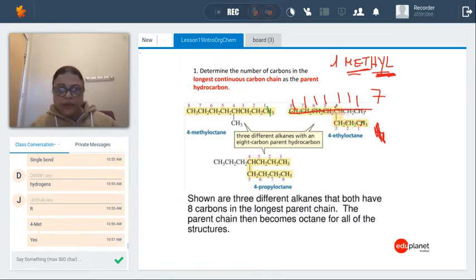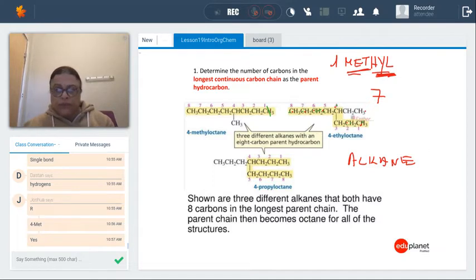If you count the longest continuous chain, that is the parent molecule. Okay, so clearly this one that I'm now pointing at is also an alkane, because it doesn't have any triple or double bond.